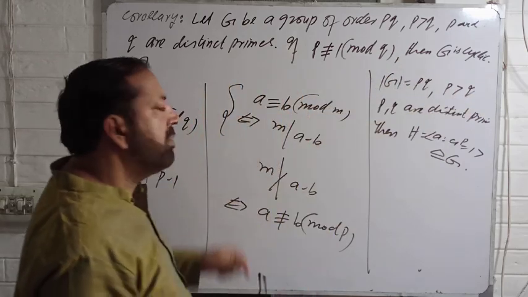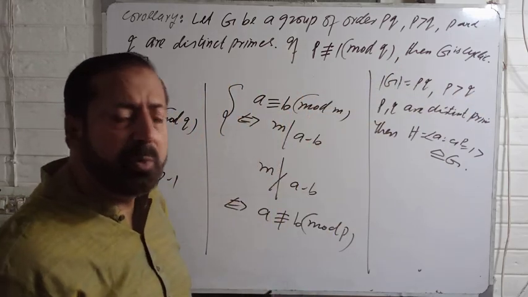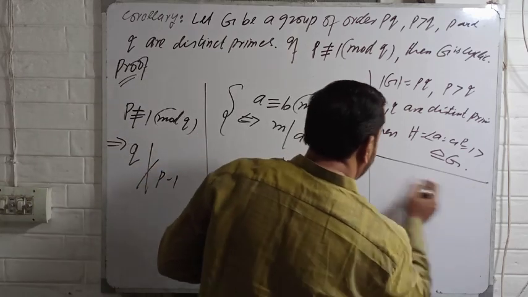In number theory, there is also a very popular theorem which is called Euler's theorem.